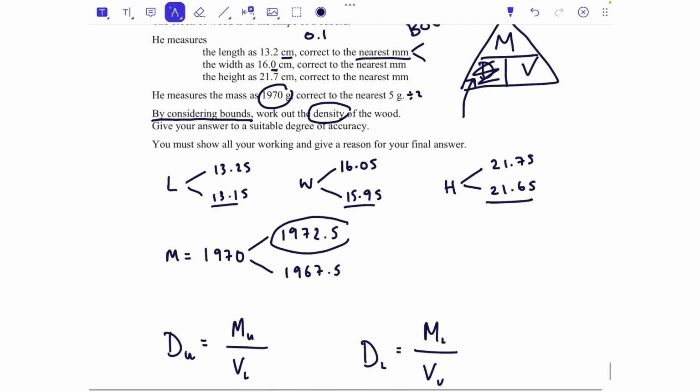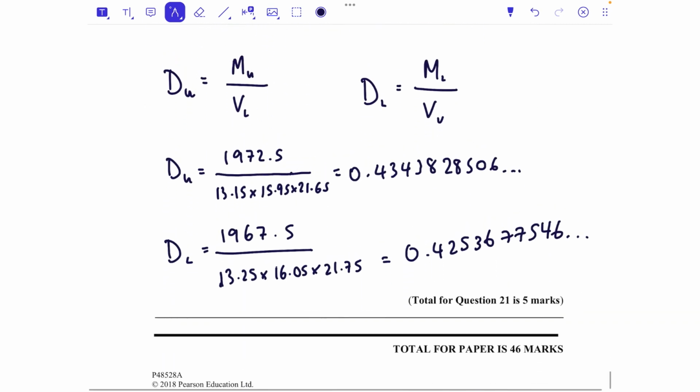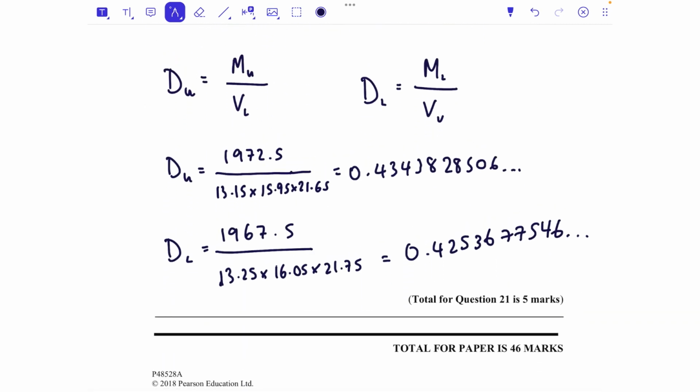So this bit here, by considering bounds, means that we get the absolute biggest answer, the absolute smallest answer. Now, if I was to round them both to one significant figure, they would both be 0.4. So that's okay. If I was to do two significant figures, this one would round to 0.43 because the next numbers are 4, so that would round down.